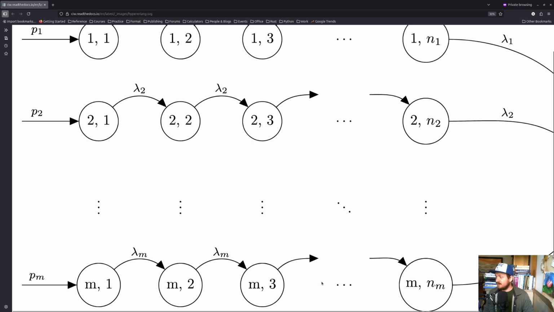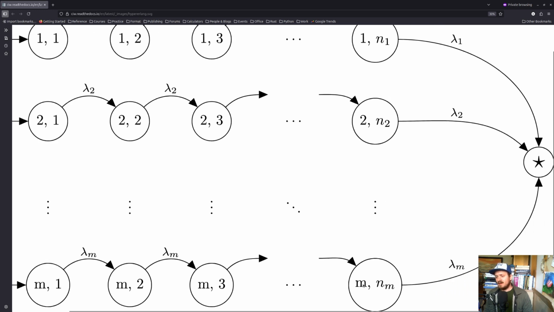But these are sequences just like we saw with the Erlang, where you've got these sums, and within each of these lanes, the rate is the same. So lambda M, on and on until you get to this state M, N subscript M. And then with some rate, again, still lambda M, you go to the absorbing state.